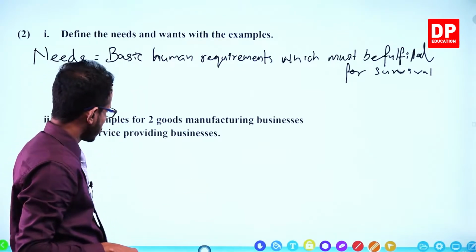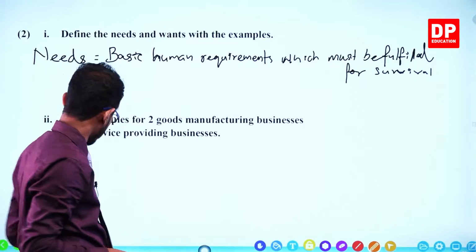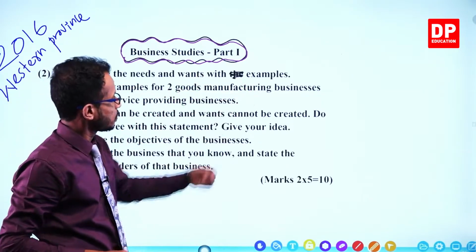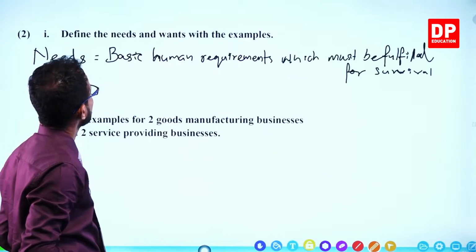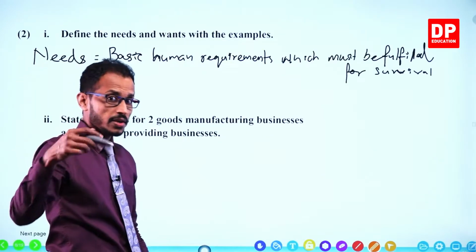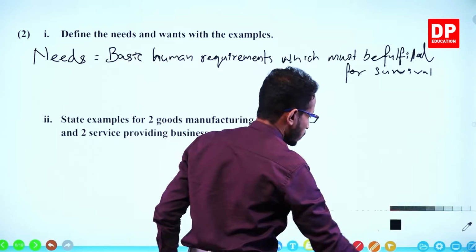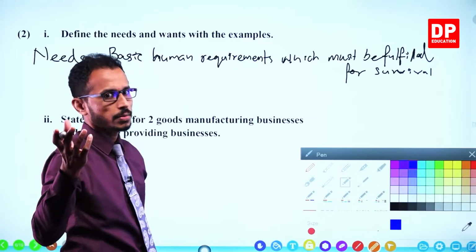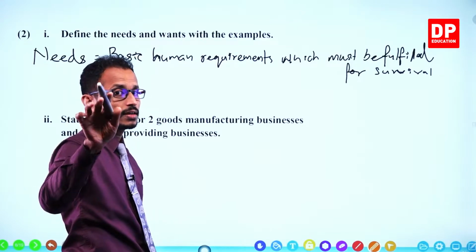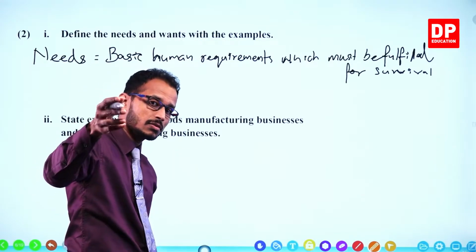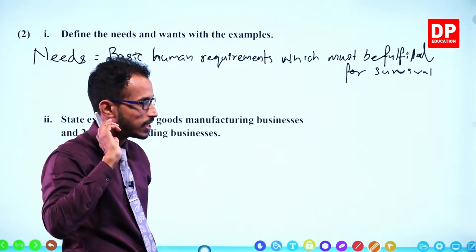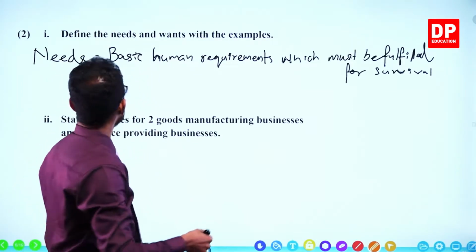Give me some examples now, because they are asking for examples. Define needs and wants with examples. I'm getting the answers. I can hear maybe hundreds of voices. Yeah, that's right.